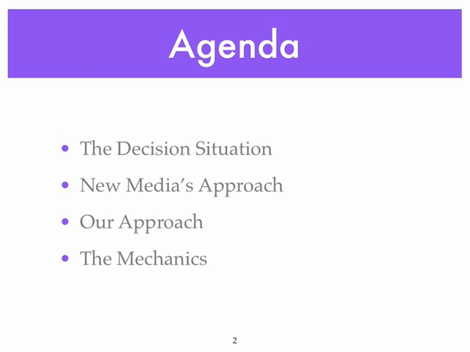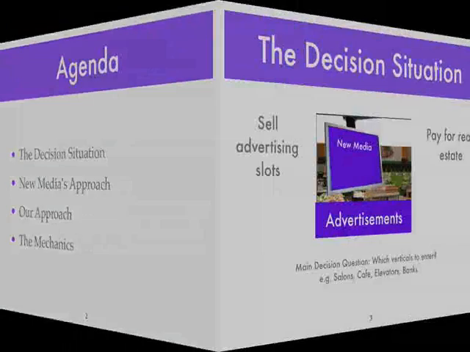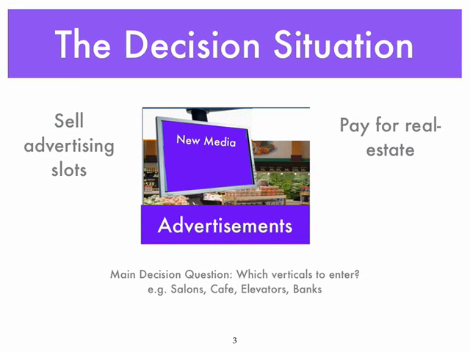Okay, so let's start with the decision situation. New Media is a company in the media and advertising area, and they have exciting, interesting proprietary technology which they install in different locations, like different stores. They're able to deliver media and advertising content via the technology.